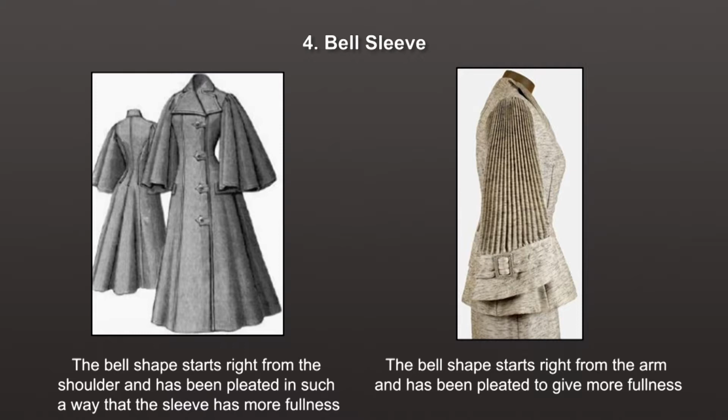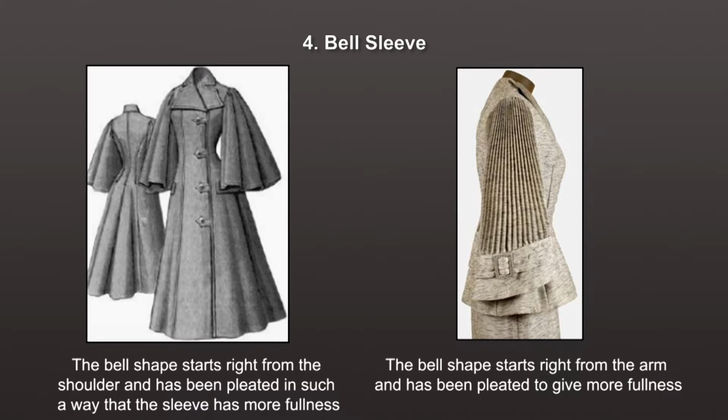Now it is time to go back to history. Please note how differently the bell sleeve was used in the ancient times. What we see here is an image from 1896, a spring cloak with bell sleeve pattern.